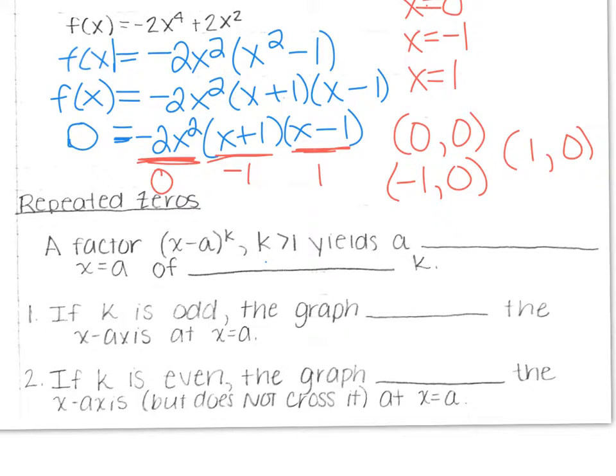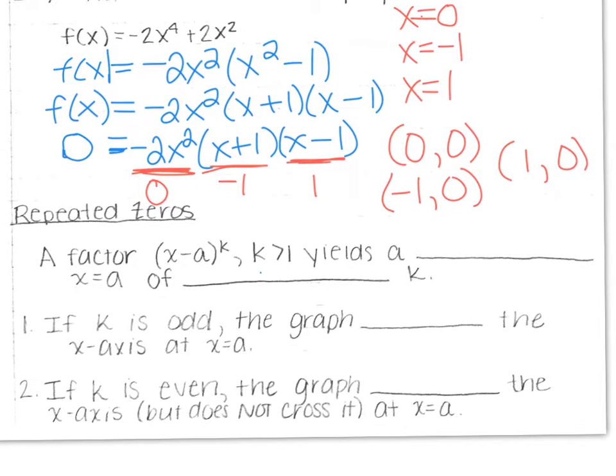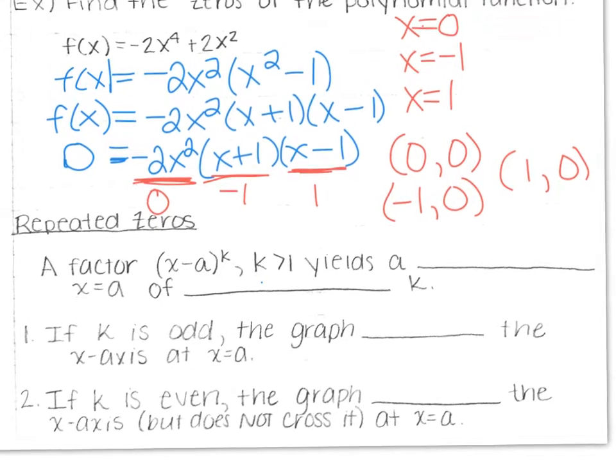A factor x minus a to the k power, where k is greater than 1, yields what we call a repeated zero, of multiplicity k.